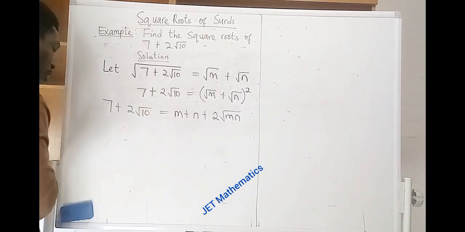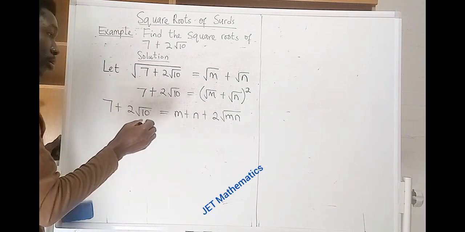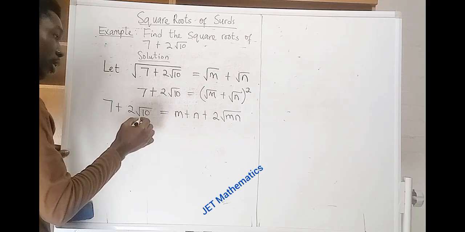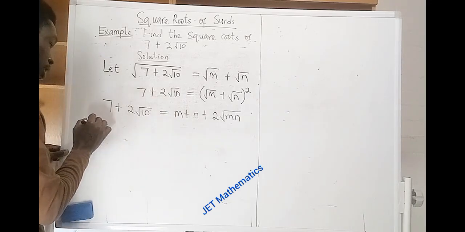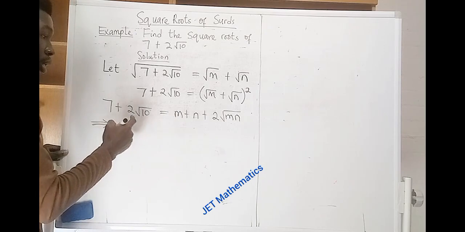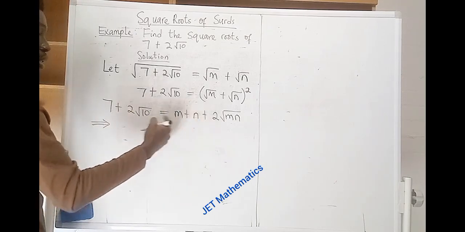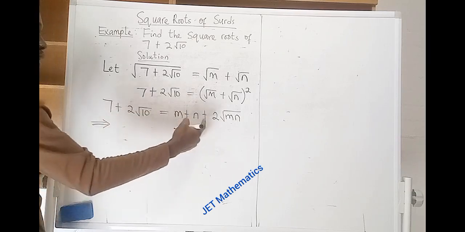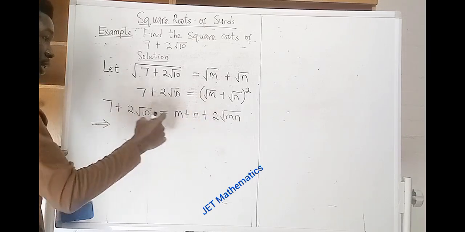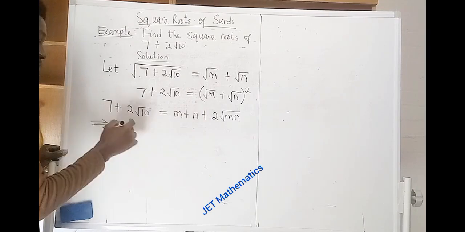Then we can say this implies, comparing the left hand side and the right hand side, that m plus n is represented by 7.